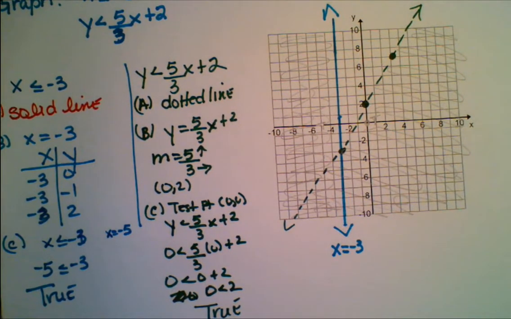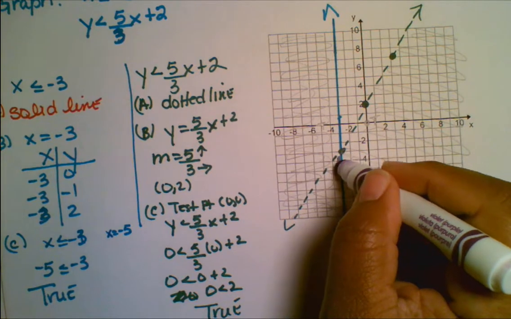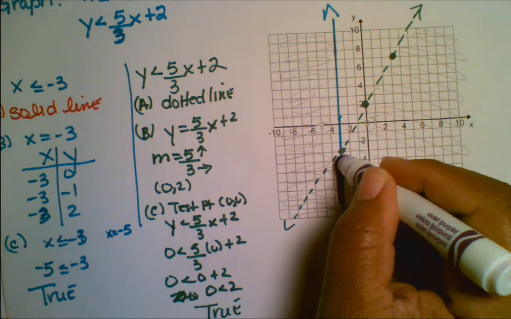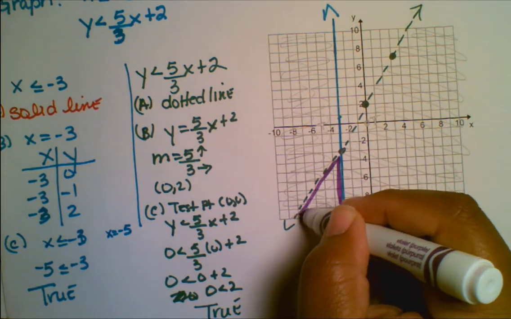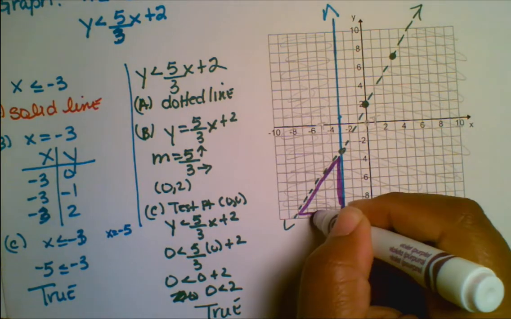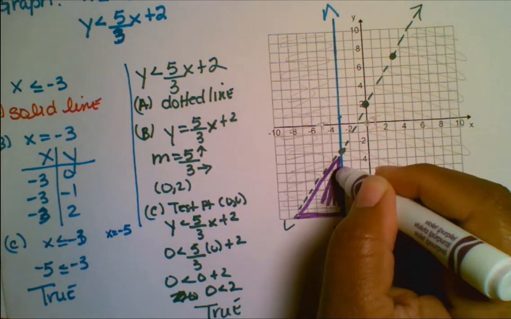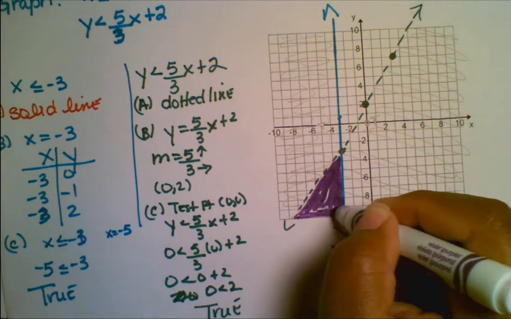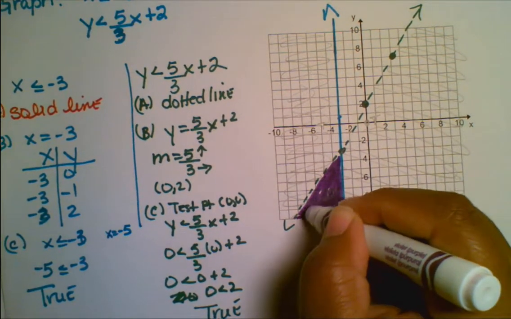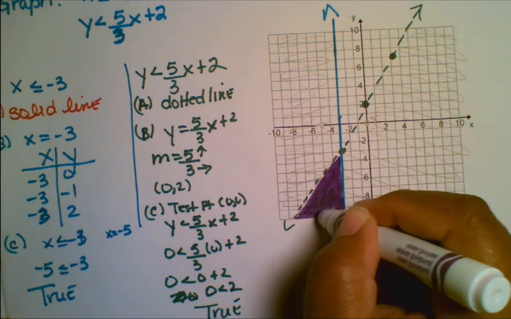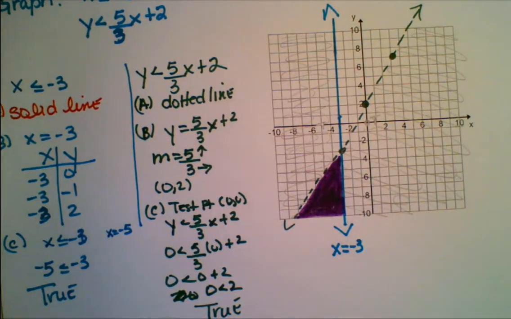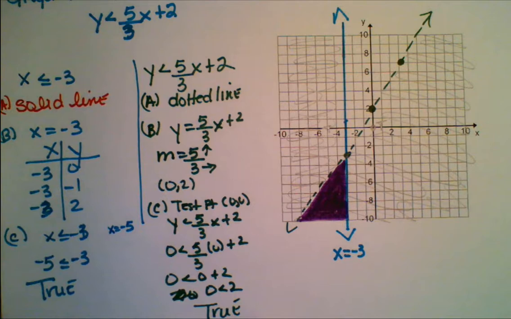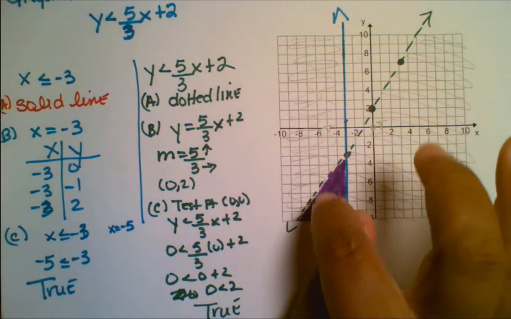I see this area right here that I'm going to color in purple. This would be our solution. So that is our answer right there. We want to find out where both of the inequalities intersect, and it's this small region right here.